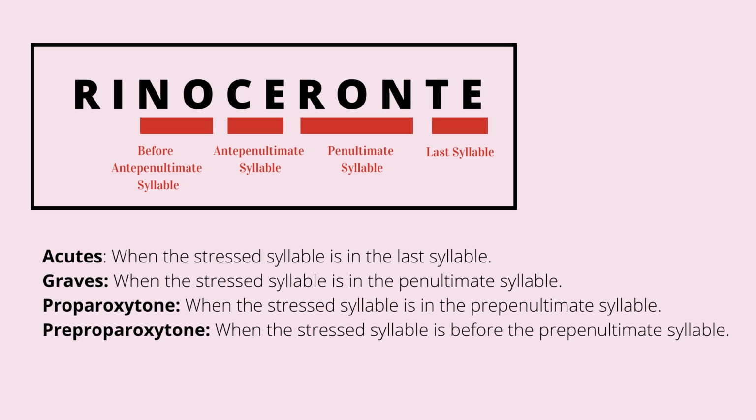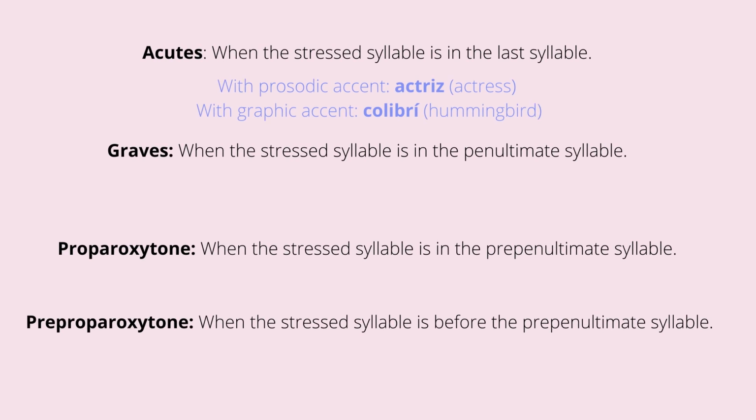A word is said to be acute when the stressed syllable is in the last syllable. Grave when the stressed syllable is in the penultimate syllable. Proparoxytone when the stressed syllable is in the pre-penultimate syllable. And preproparoxytone when the stressed syllable is before the pre-penultimate syllable. Here we have some examples.